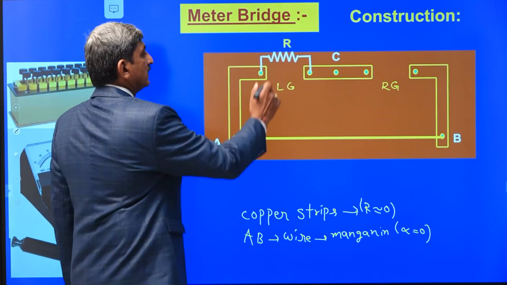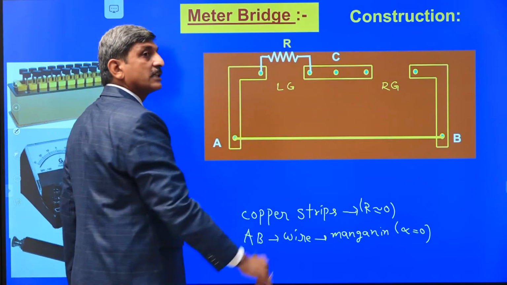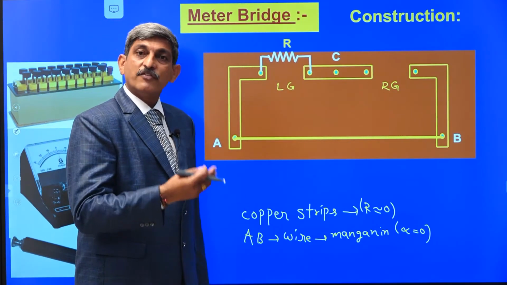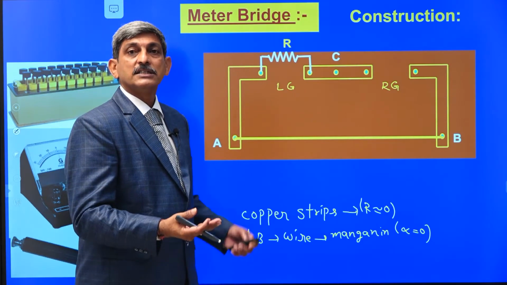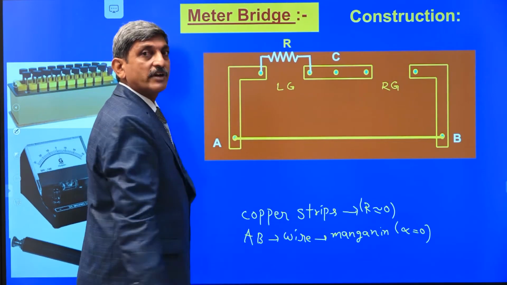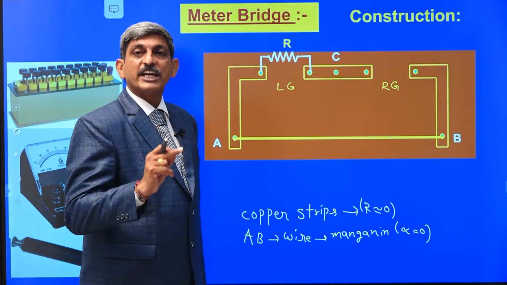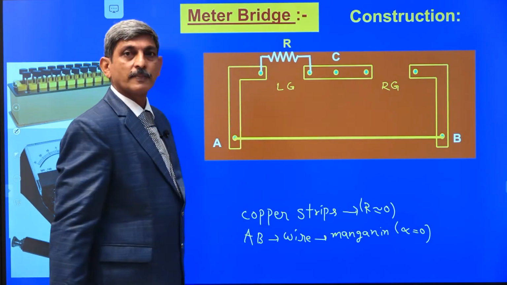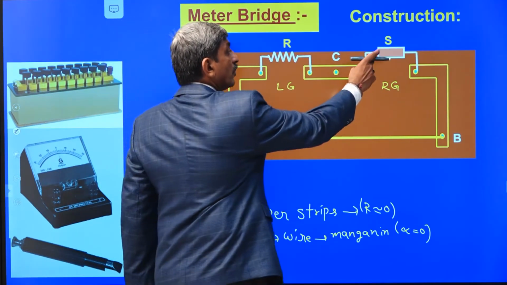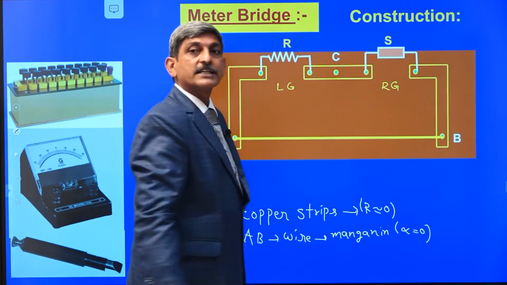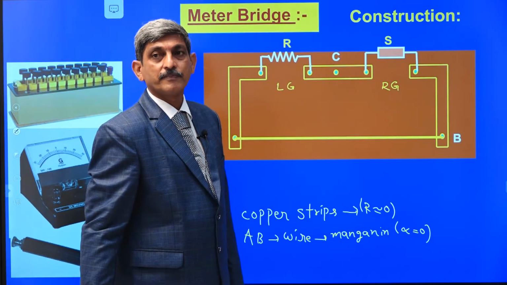Now, the unknown resistance is connected in the left gap. The unknown resistance may be in the form of a resistor or in the form of a wire. So, the unknown resistor or the wire for which we want to determine the resistance value is connected in the left gap. Whereas the known resistance, a standard resistor, is connected in the right gap.